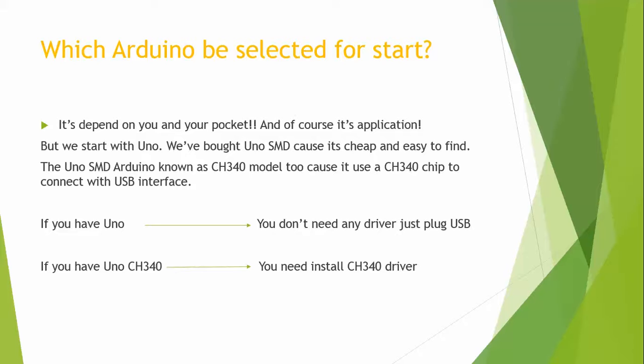But we start with Uno. We bought an Uno SMD, I mean CH340, and it's cheap and easy to find for everyone, because this is a learning channel and we have many different kinds of audience, so we choose a famous board.